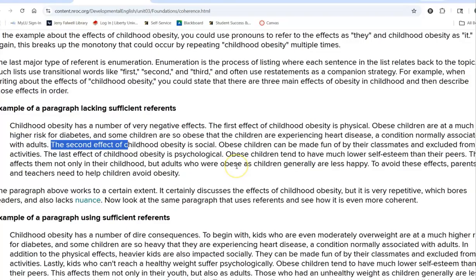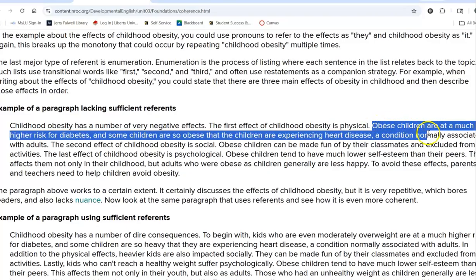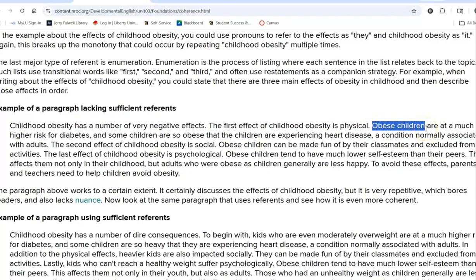And it continues on. But notice what else is happening here. Obese children, obese children, obese children. Do you see the repetition there? It's pretty redundant. And so to create coherence, you could use other words like pronouns, like they here, because we know that we're talking about obese children, or maybe stick with obese children here, but then use the word they here actually.